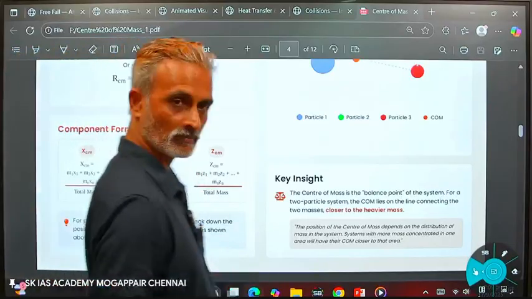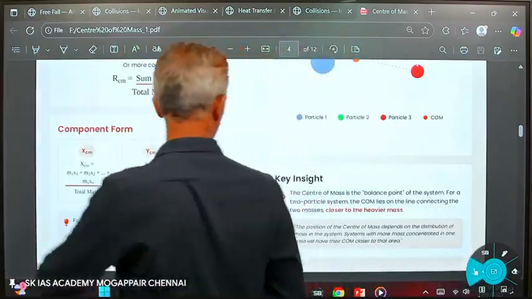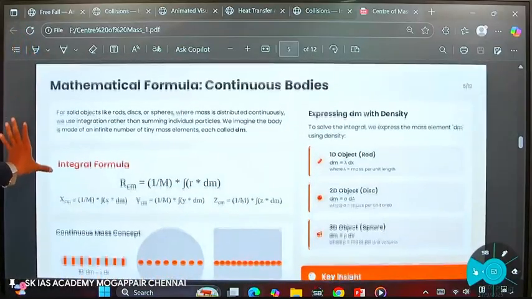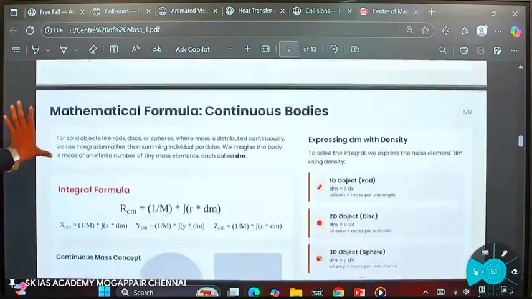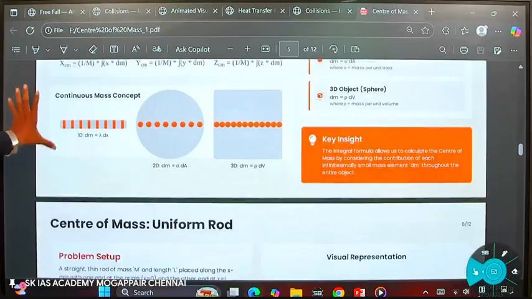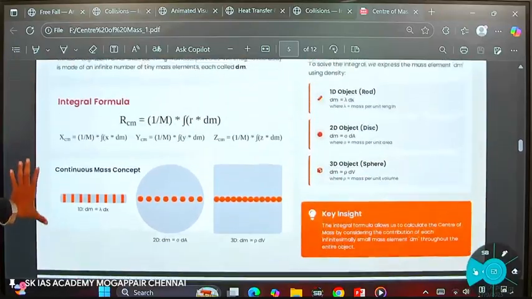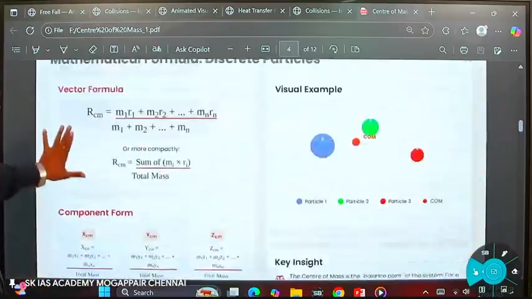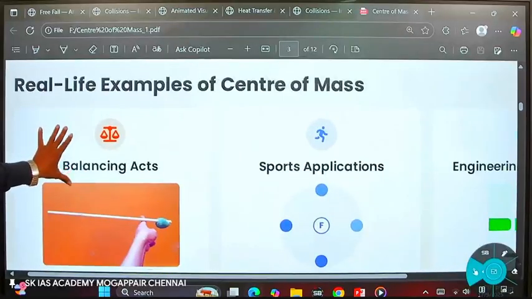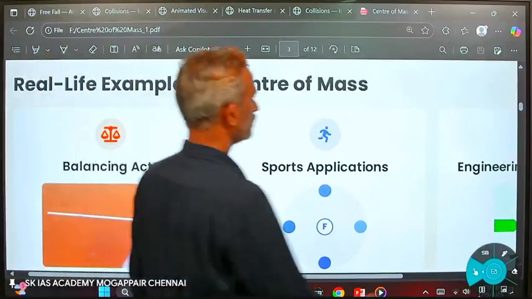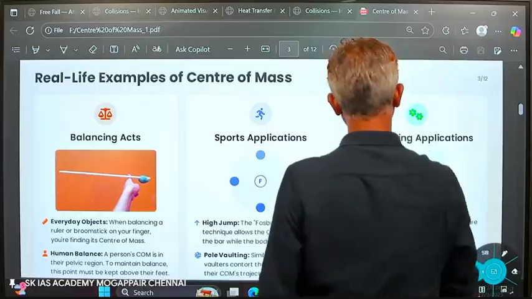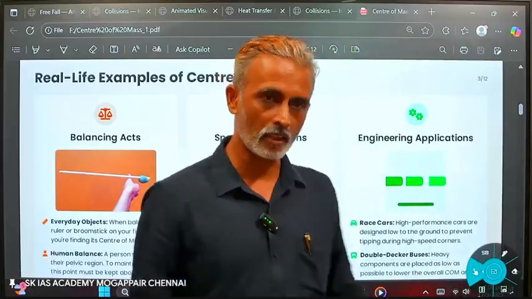Any doubt? So this is the concept behind the center of the mass.